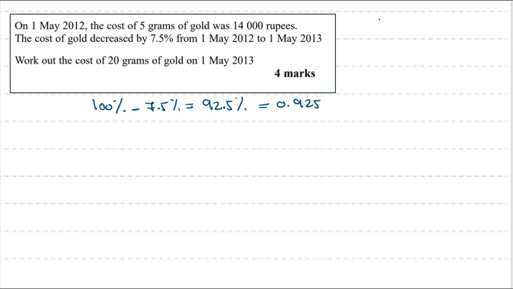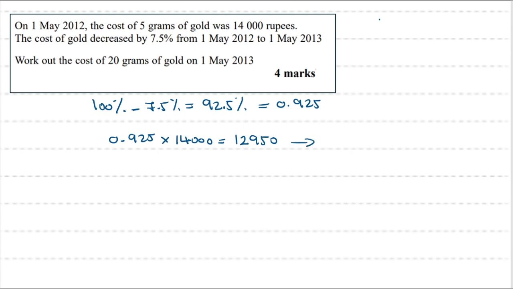Then the cost of 5 grams after the decrease is going to be 0.925 times 14,000. That gives us 12,950.